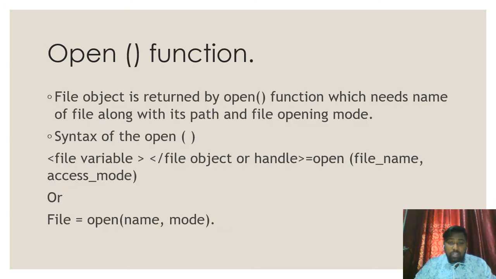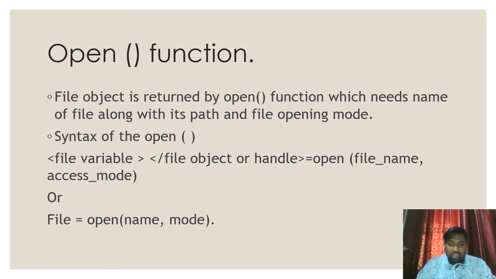Now, how can we use this open function? A file object is returned by the open function, which needs the name of the file along with its path and the file opening mode. So we can't simply use the open function; we have to use it along with a file variable, file object or file handle. Let's see the syntax of the open function, the structure of the open function.